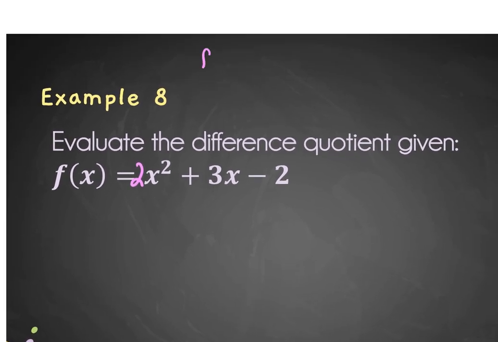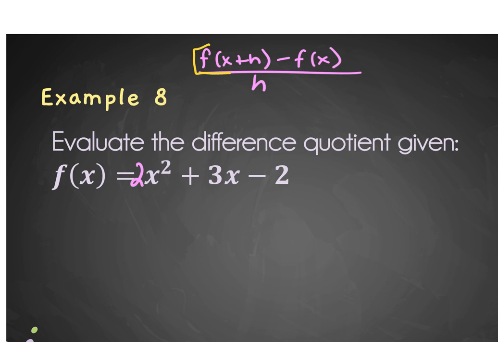Writing out the difference quotient, f of x plus h minus f of x all over h. And we do it in our 3 steps. Well, 3 parts, not really steps because there's more than one step in each one. First one is the f of x plus h.